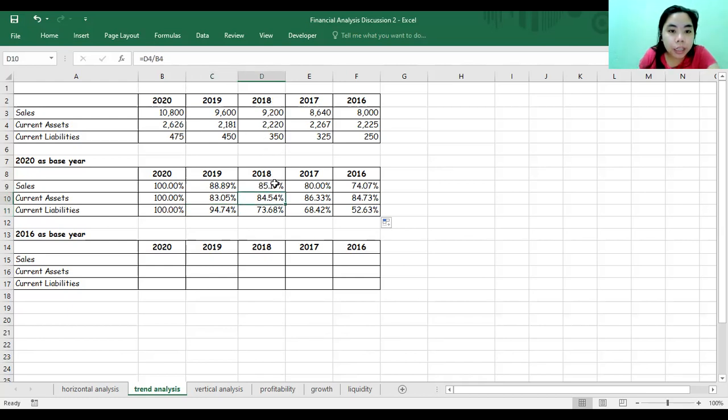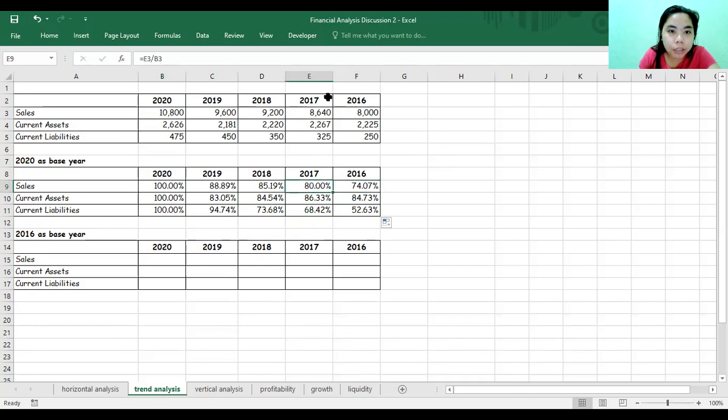For 2018, it means that our sales for 2018 is 85.19% of our sales for 2020, and so on.